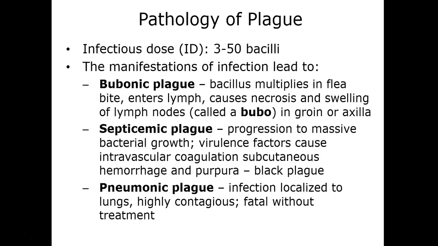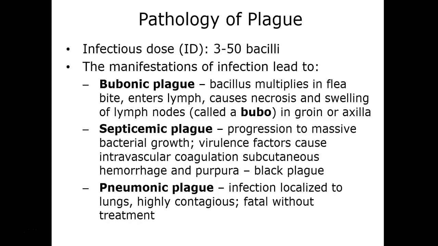We see the swollen lymph nodes, we see the enlarged spleen, just like we've seen in some of our other infections that we've talked about in this chapter. Francisella, tularemia, and Brucella, as well as Yersinia, do all result in the swollen lymph nodes or enlarged spleen.